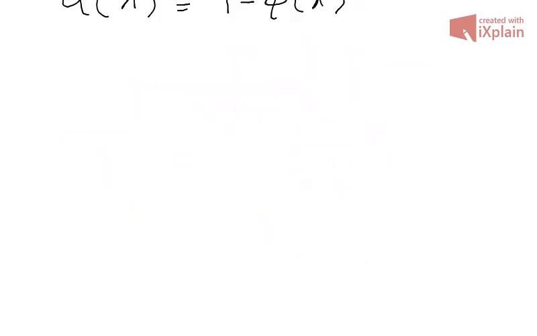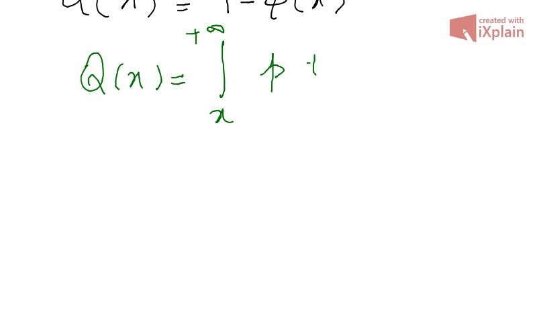So it means that, to be accurate, my Q(x) would be equal to the integral from x to plus infinity of p(t), which is the standard normal PDF.